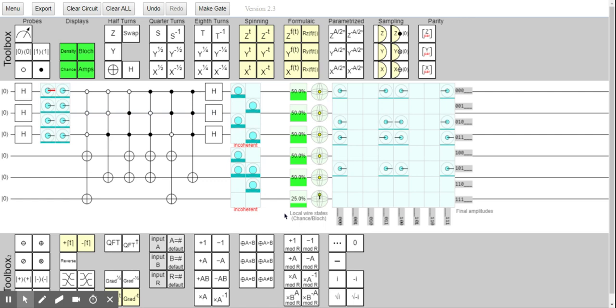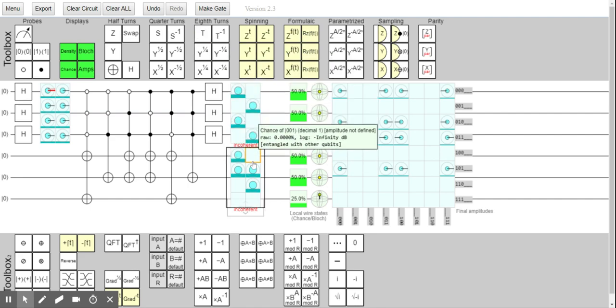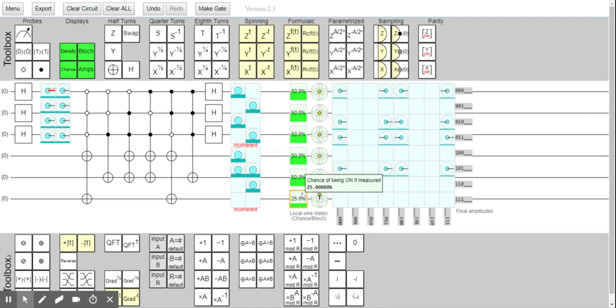But I'm not sure if that's the right thing to build this. I'm not sure if that's the right thing to build a box.